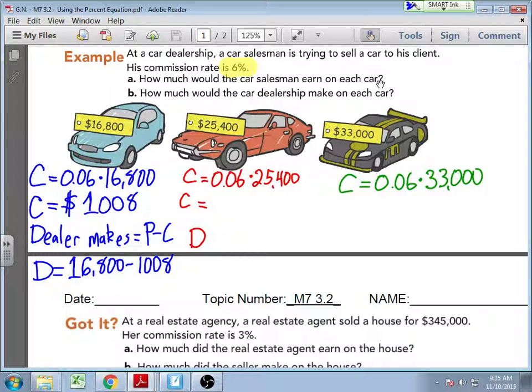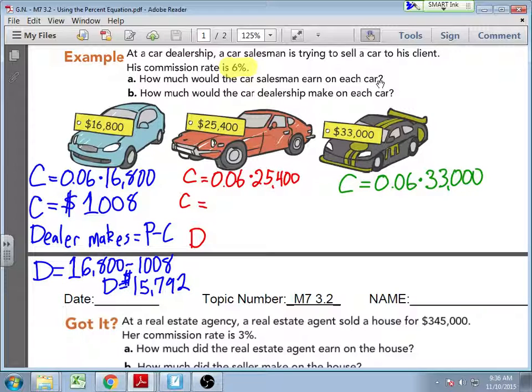So we take the price $16,800 minus $1,800, and the dealer in that situation makes, say it again, Luke. $15,792. So if they only paid $12,000 for the car, they're making almost $800 in profit. So that's where it comes in.